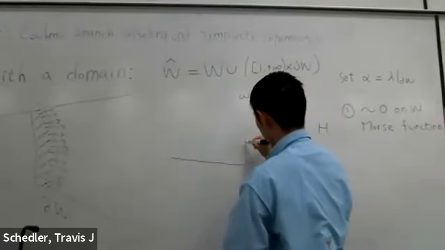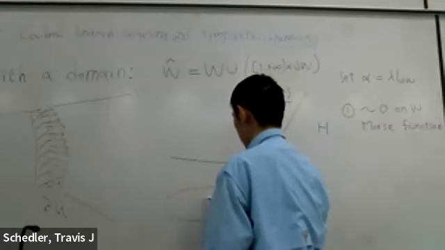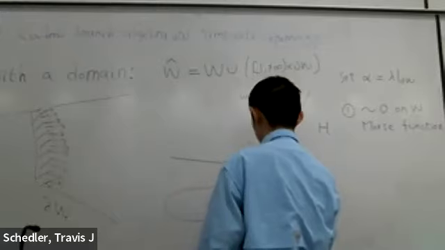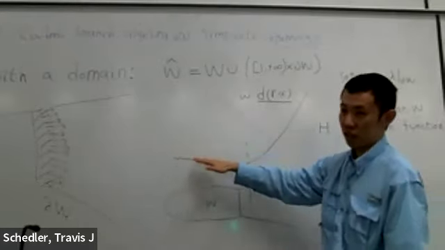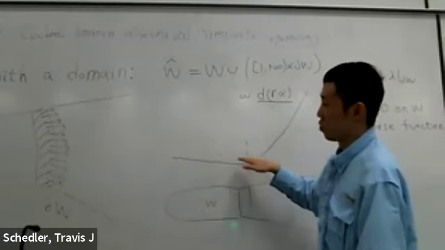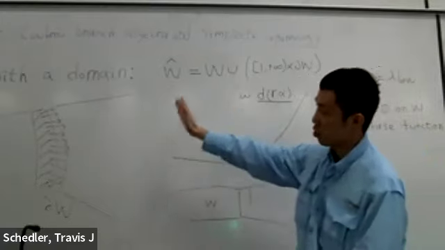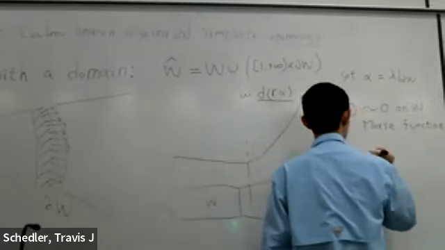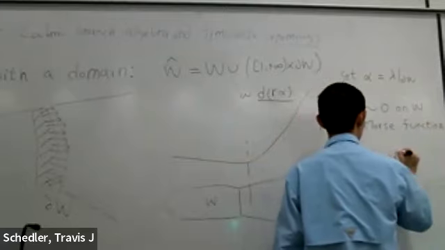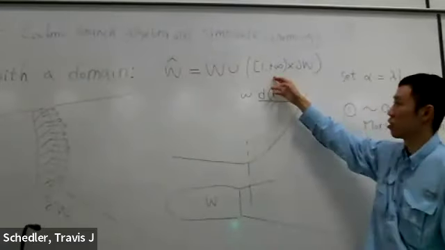But with this picture, maybe this is our W. This is this infinite end. In the interior, I require it is somehow a very small function with small derivatives. And in the cylindrical part, H equals some f of r, where r is this cylindrical coordinate.